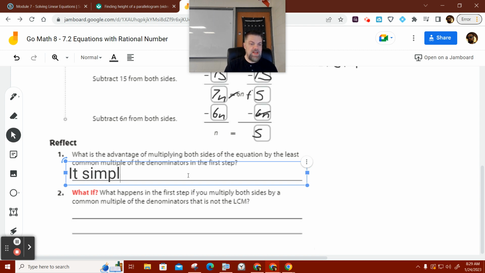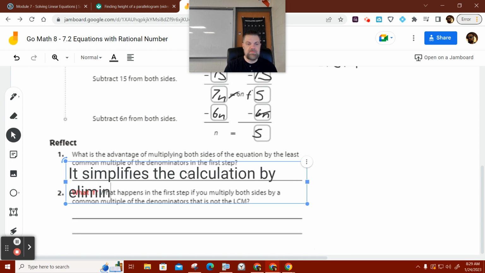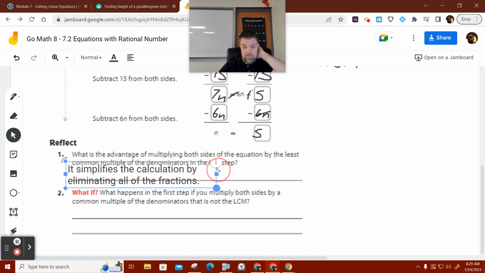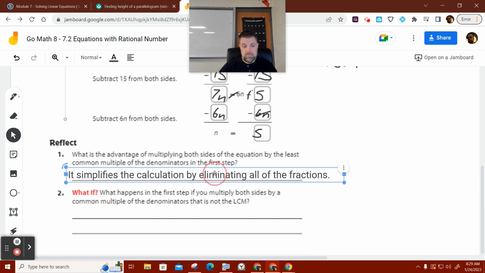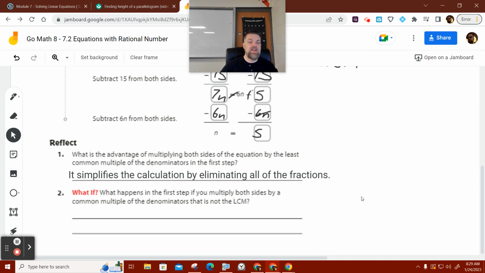It simplifies the calculations by eliminating all the fractions.